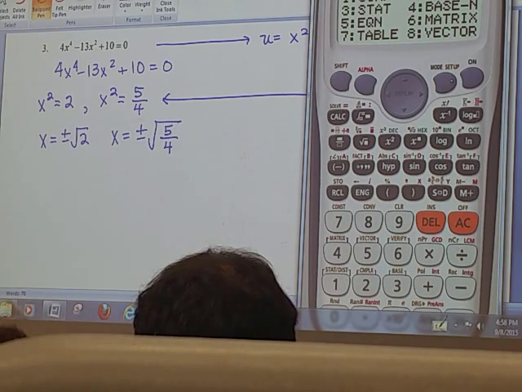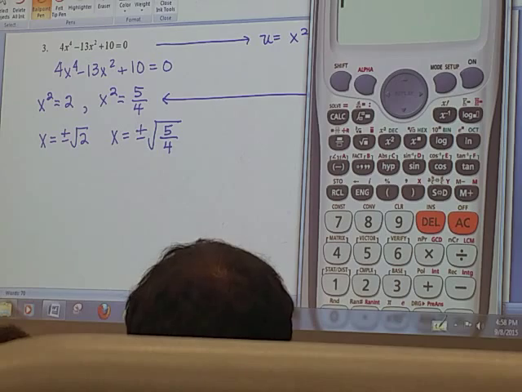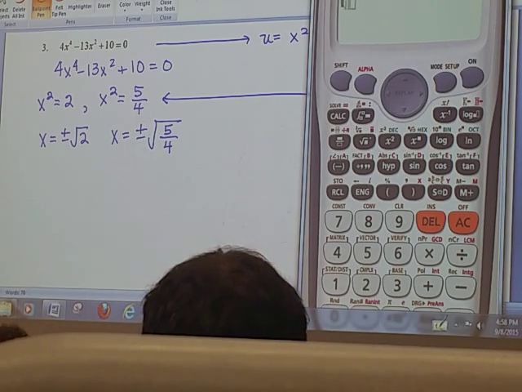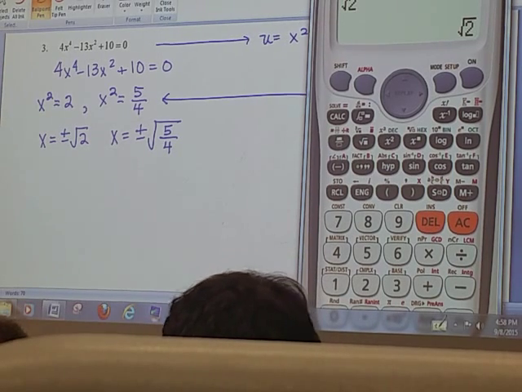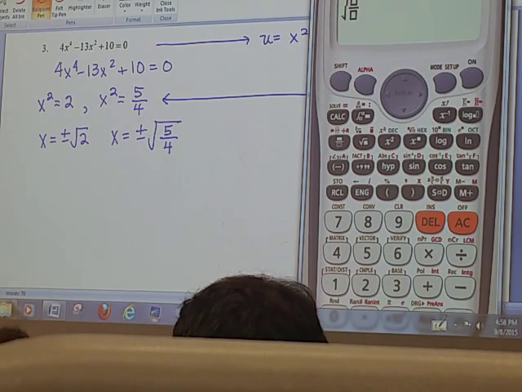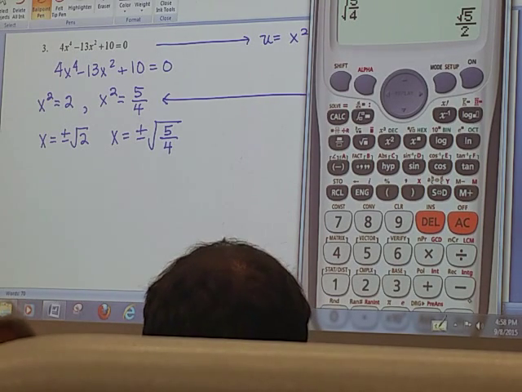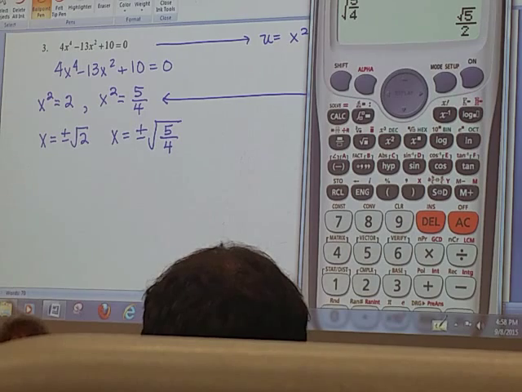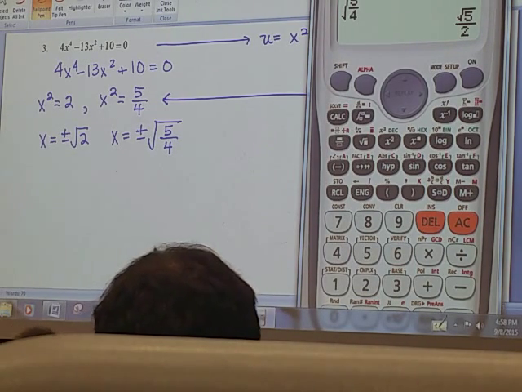Go back to mode, and in this case, we're going to be complex. And square root of 2 is going to stay square root of 2. If you're not sure, type it in, and your Casio is going to tell you, yeah, that's it. Okay? And then do square root, fraction under 5 over 4. It'll tell you you should take the square root of 4 in the denominator. So now the answer is square root of 5 over 2.